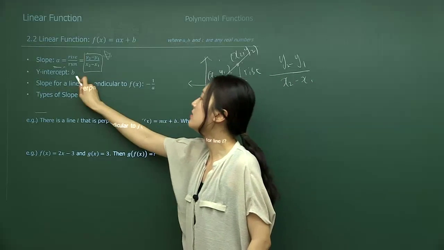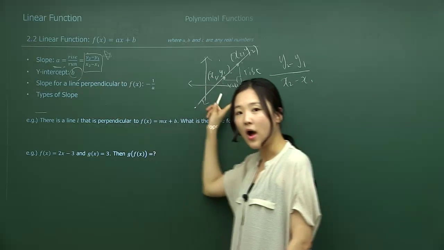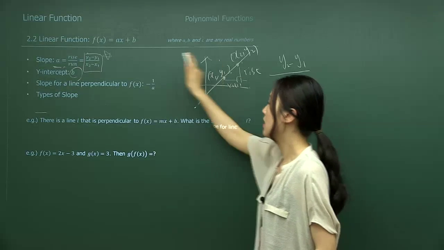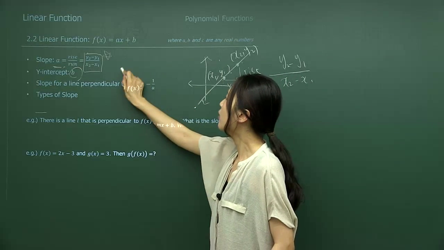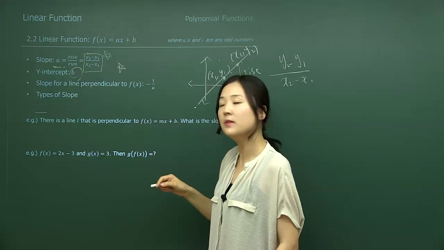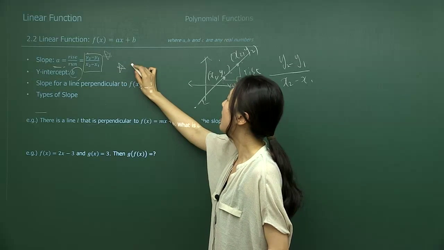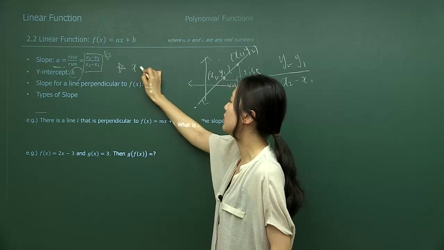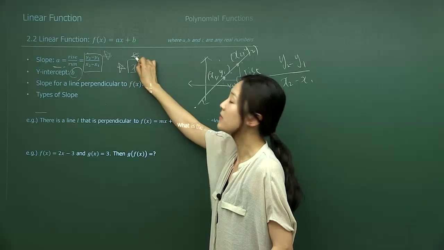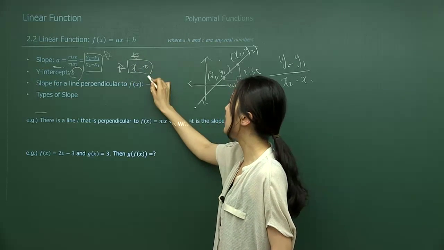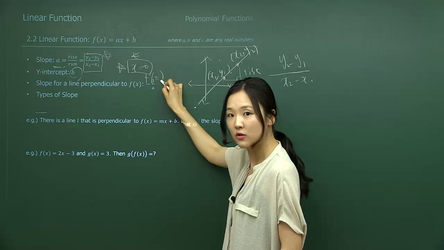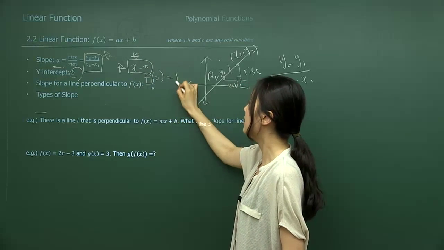Next, the constant value b is the y-intercept, because if you think about it, what is the meaning of y-intercept? It's the value of y when x is equal to 0. The value of x here is equal to 0, right? So technically, when you plug in 0 as x into the function, you will be getting b.